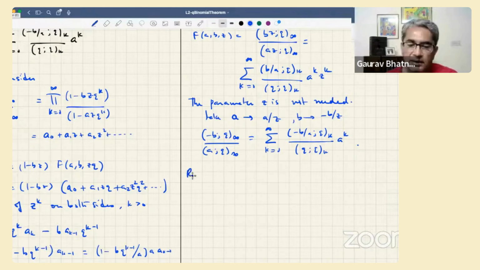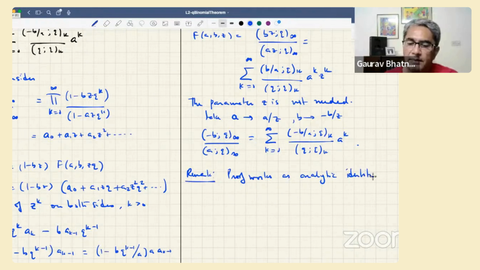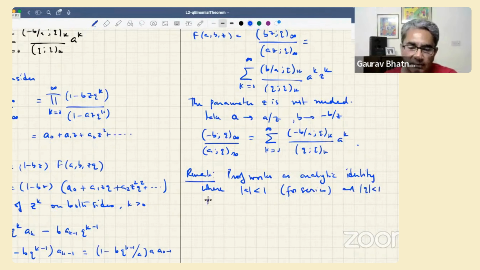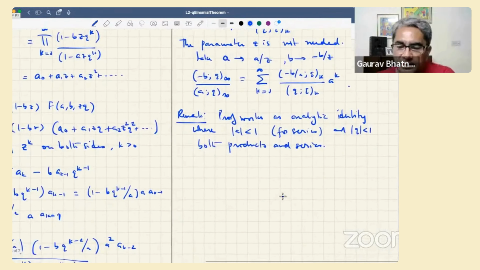So the remark is that the proof works as an analytic identity, and we need absolute value of a less than 1 for the series to converge, and absolute value of q less than 1 for both the products and the series.